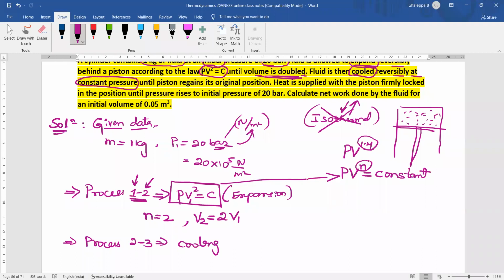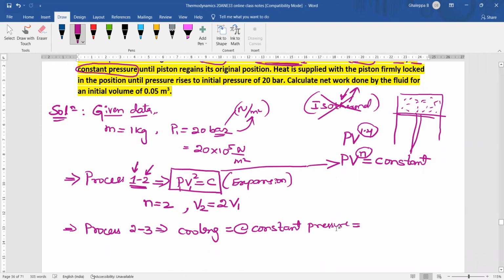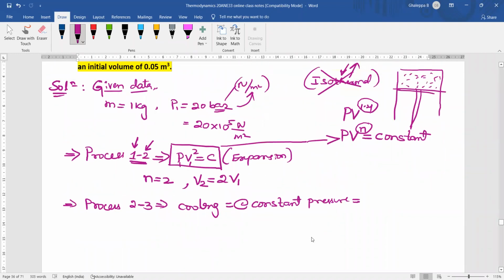So cooling is at constant pressure process. What is the standard name for constant pressure process? Thermodynamic name? What you call? Isobaric. Yes, isobaric process. Okay. So second process is constant pressure process.